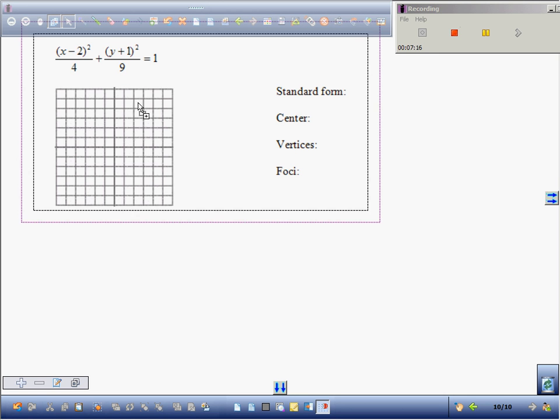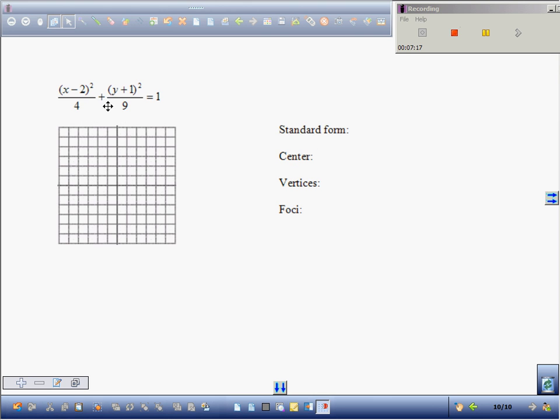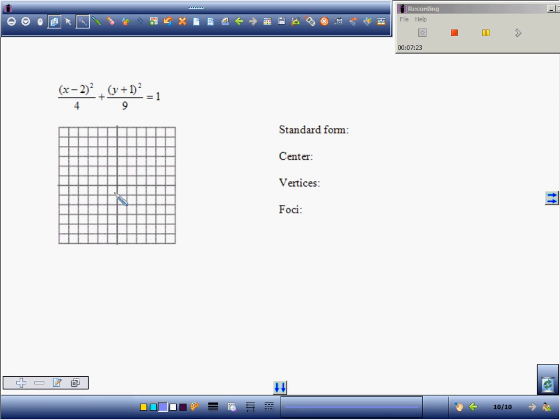With this one, the center is not at the origin. It is at 2, comma negative 1. Sorry, that's your center, I keep getting confused.